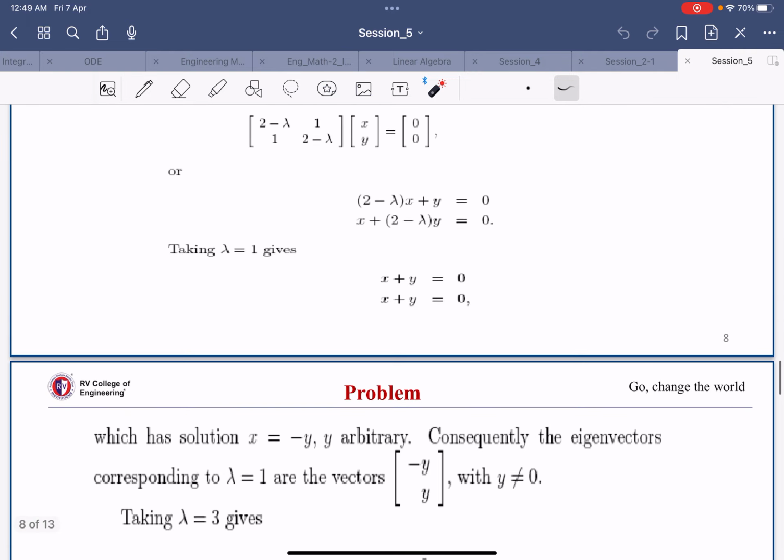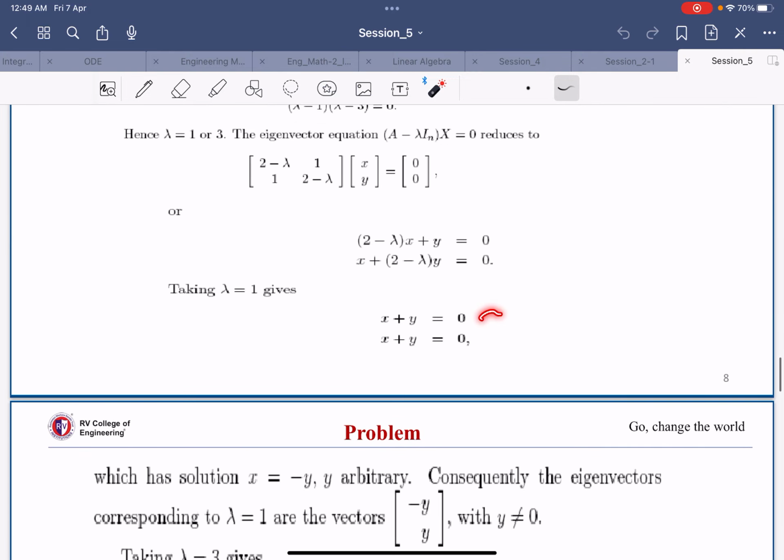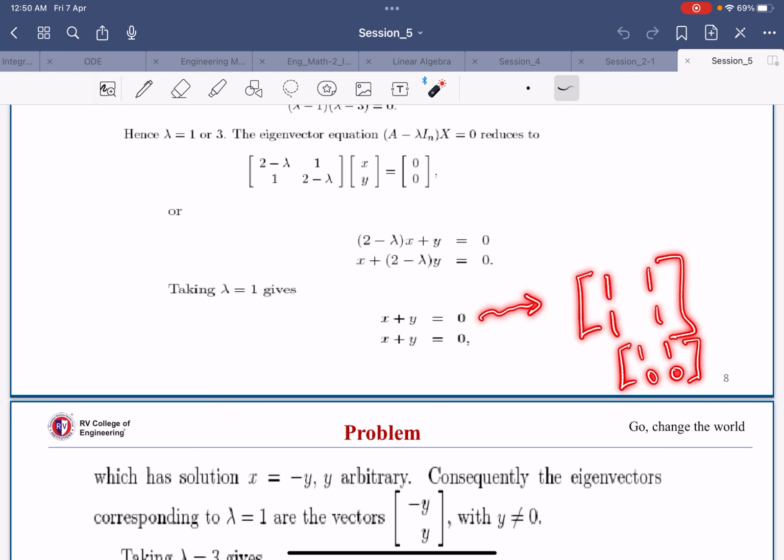If I consider this in the form of a matrix equation, we know the simultaneous equations can be represented in the form of a matrix. So 1 1 1 1. When I apply the row transformation R2 minus R1, I get 1 1 0 0. So the rank of this matrix is 1, whereas the number of unknowns is 2.